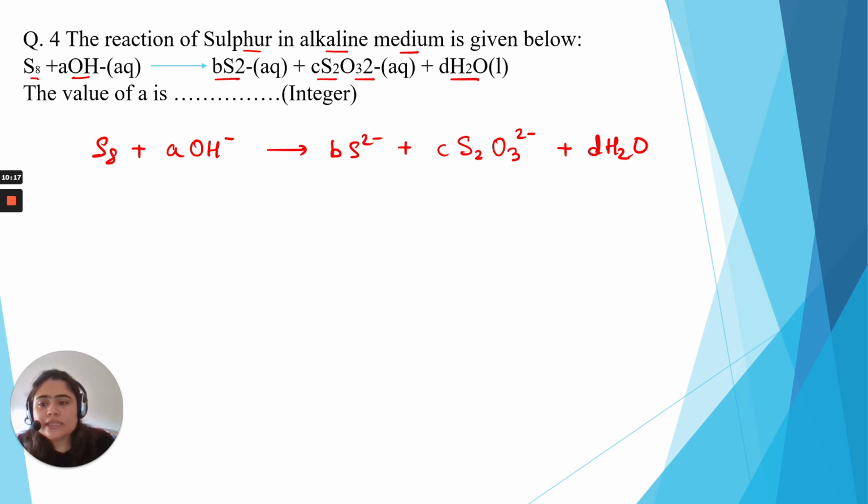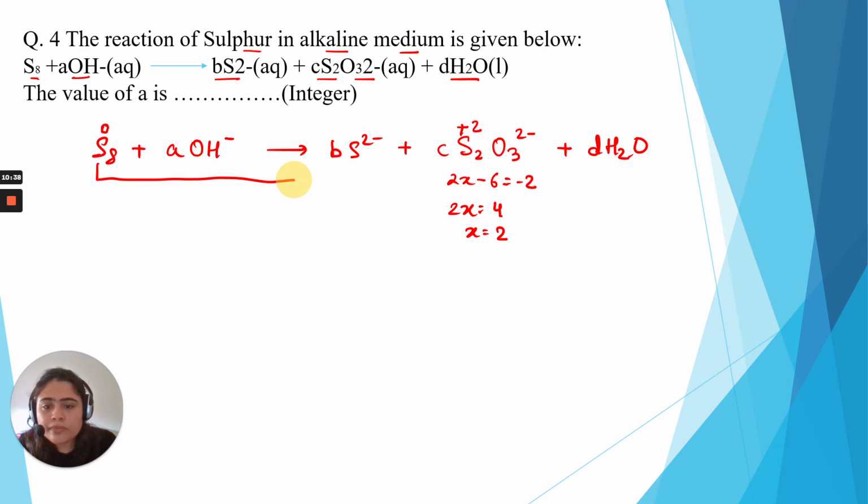Now in this question, let's see where the oxidation is taking place and where reduction is taking place. Here it is 0. Here you can see it's 2x. Oxygen is having -2 charge, so 2x minus 6 is equal to -2. 2x is equal to 4, so x will be equal to 2. So sulfur will be having a +2 charge. And here it's -2. So you can see that S goes from 0 to -2.